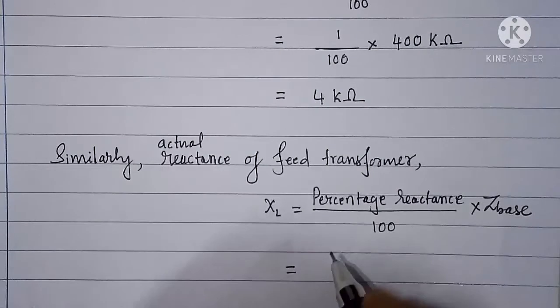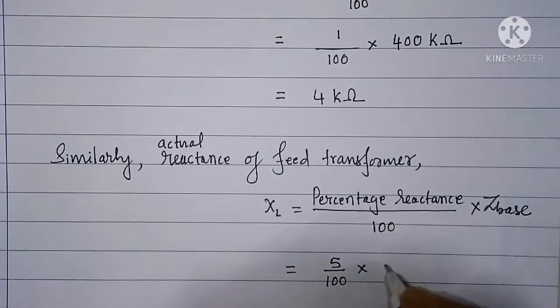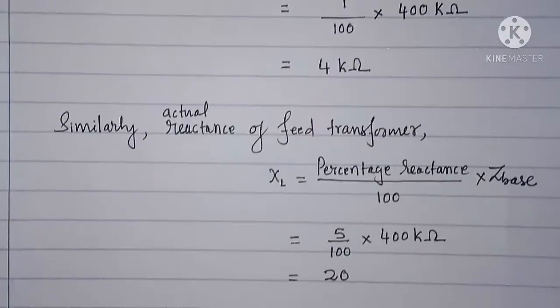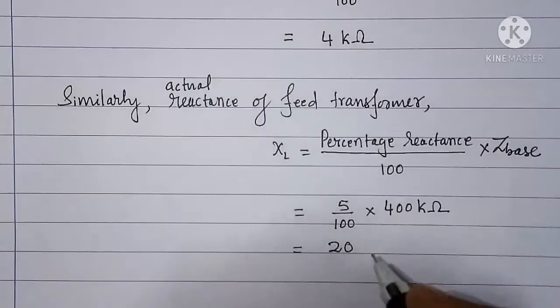That is equal to 5 by 100 into 400 kilo ohm. On simplification we get 20 kilo ohm.